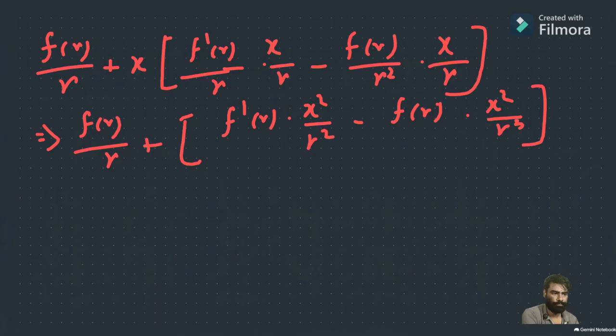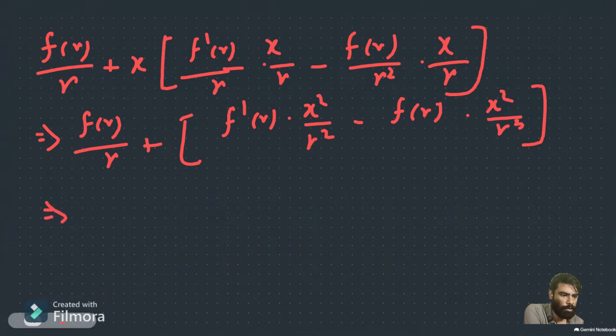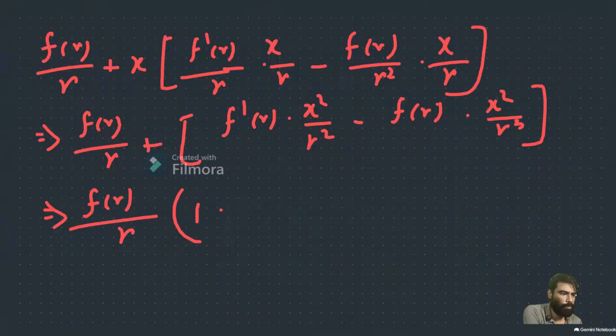Okay, and now we can take this f(r) by r alone, so if we take f(r) by r alone, then it will be 1 minus x square by r square.